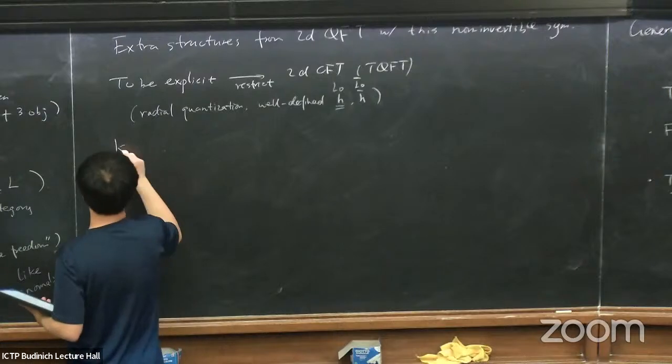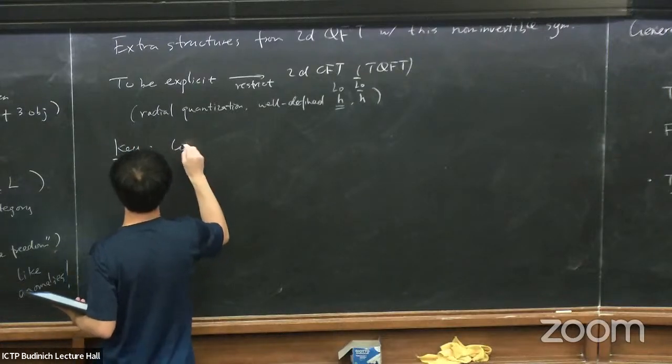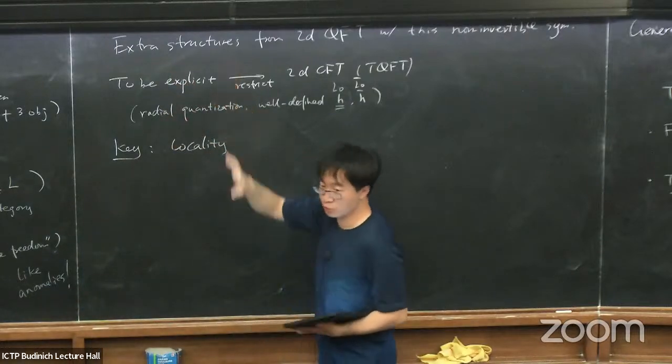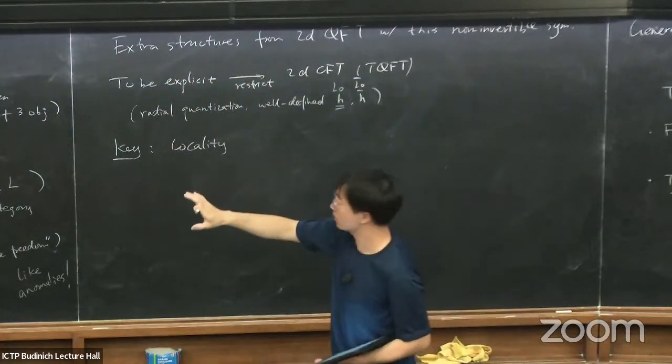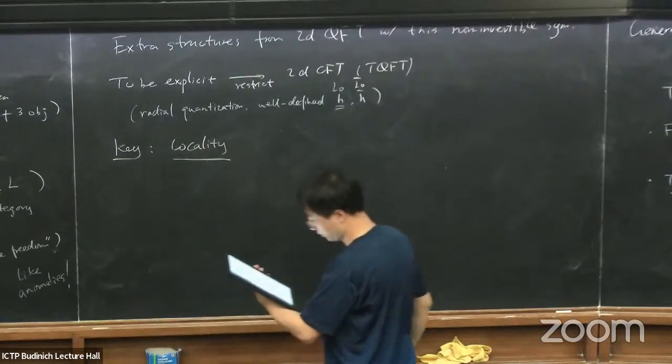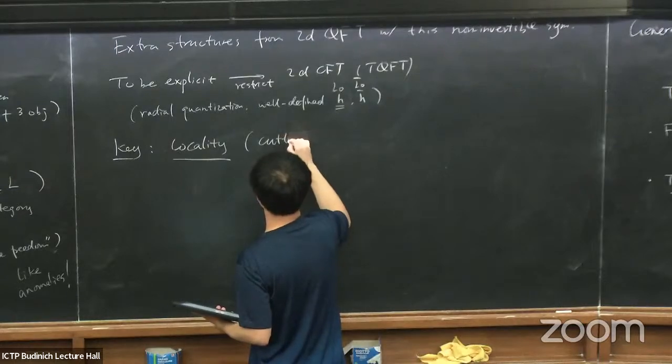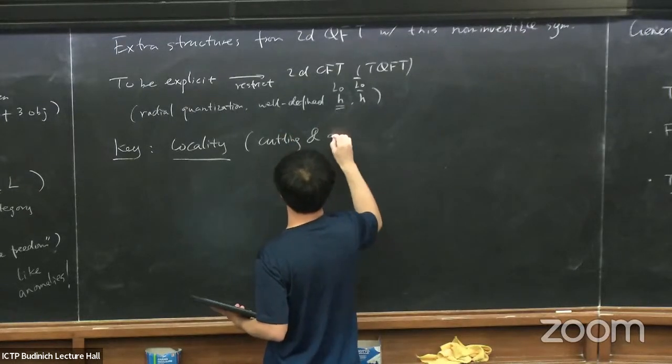All right, and the key, as I already mentioned, that leads to this extra structure in CFT for this fusion category symmetry is locality. This is something true for general quantum field theory, which can be thought of as consistency in cutting and gluing.